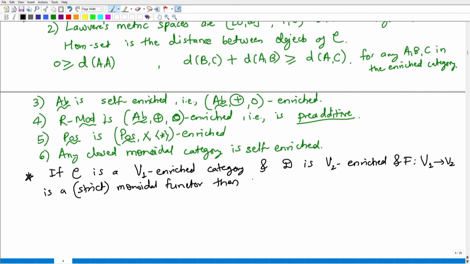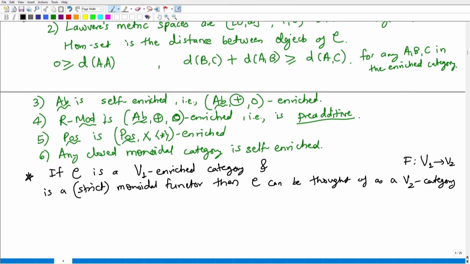Then C can be thought of, actually D is also not really necessary here. If C is a V1-enriched category and F, let me directly write, F from V1 to V2 is a monoidal functor, then C can be thought of as a V2 category, meaning V2-enriched category.